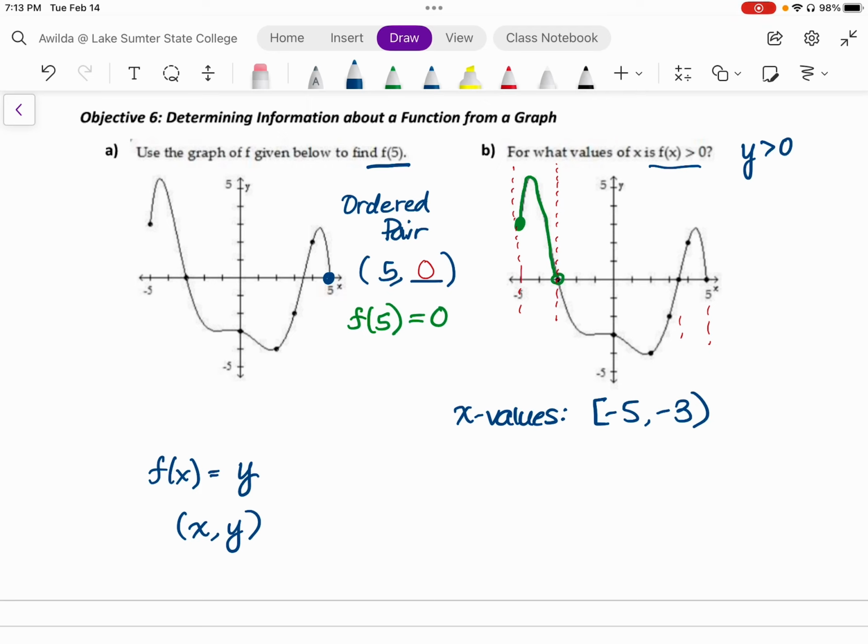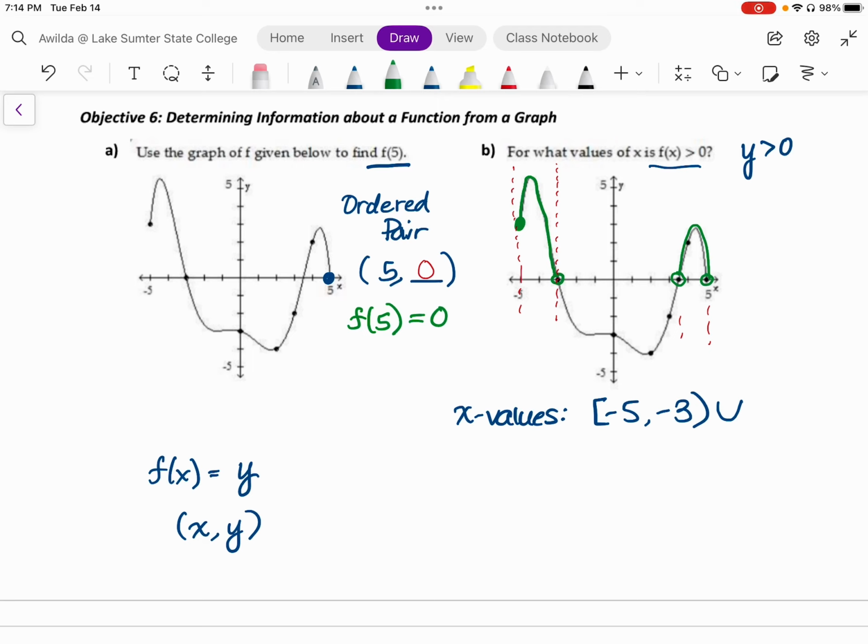I do see another branch, so I'm going to use that U symbol for union because I'm going to write a second interval. So there's another part of the graph that falls above the x-axis, and it goes from this ordered pair as a boundary up here and then down here. I'm going to have two open circles there.